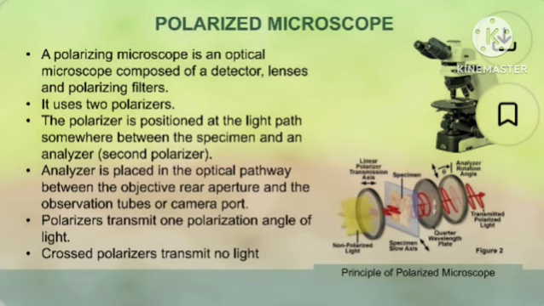A polarizer transmits one polarization angle of light, and crossed polarizers transmit no light.